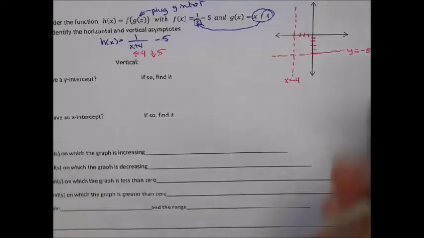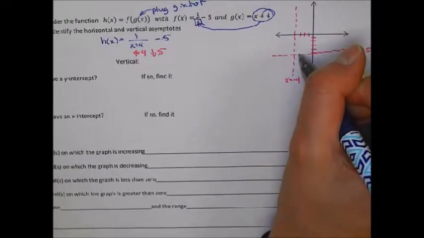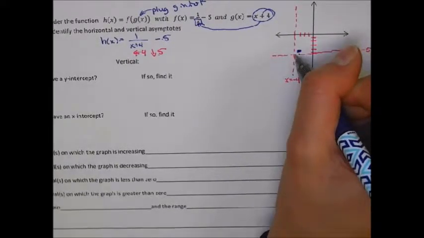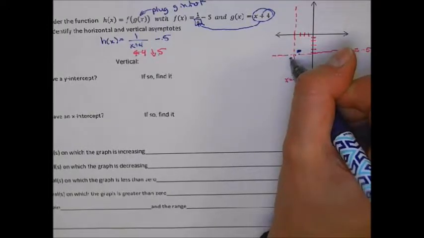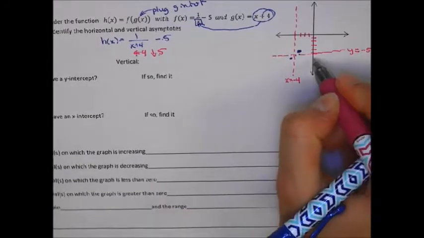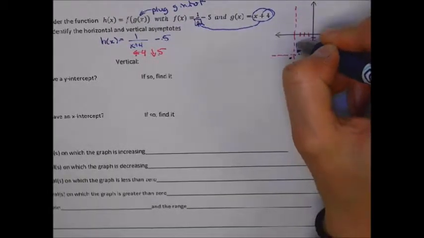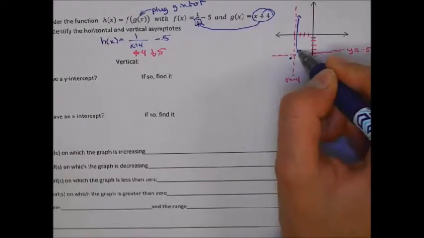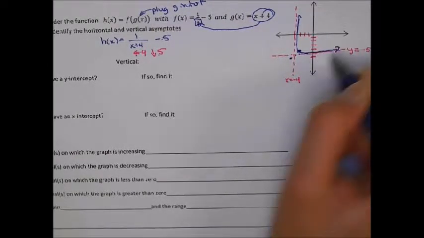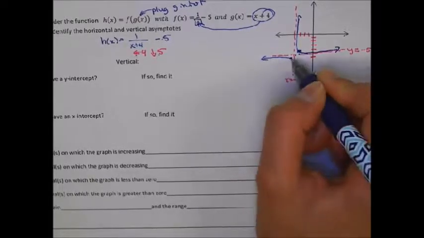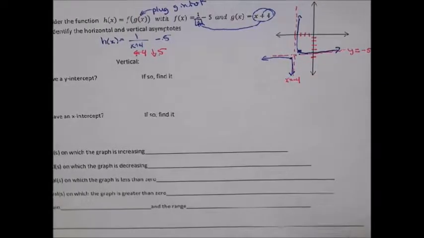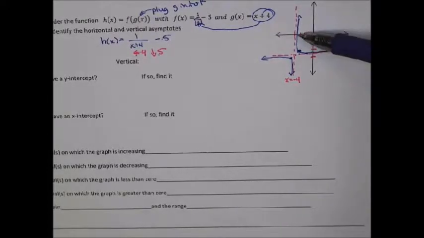There's a 1 there, so our point is right 1, up 1, left 1, down 1. And so I'm going to curve up and hug, and curve down and hug. Same thing here. And it looks like we do have an x-intercept and a y-intercept, so we're going to have to find those.